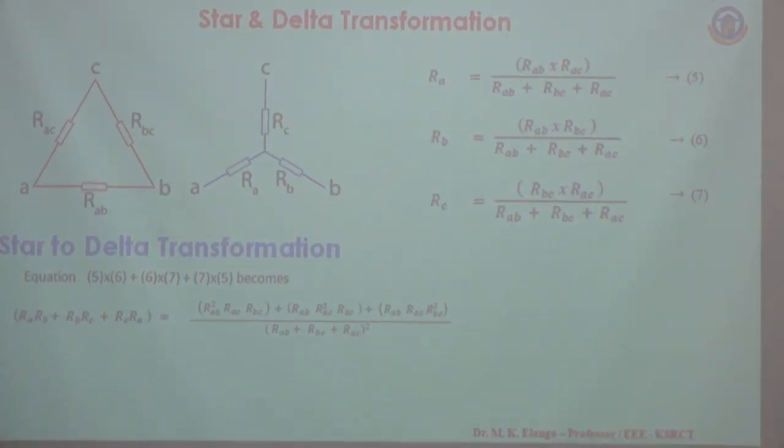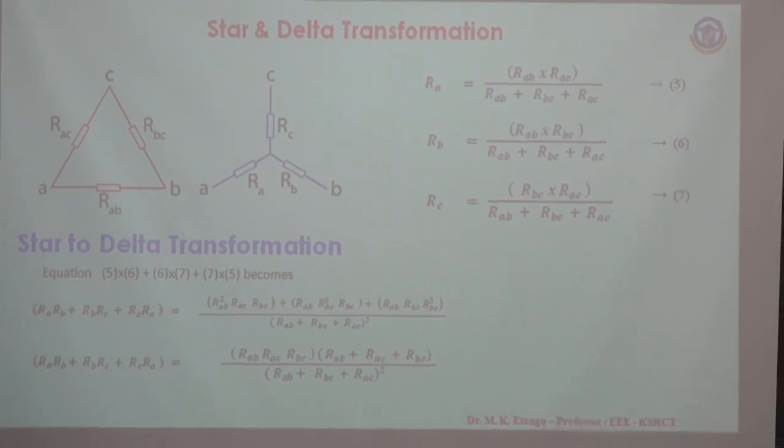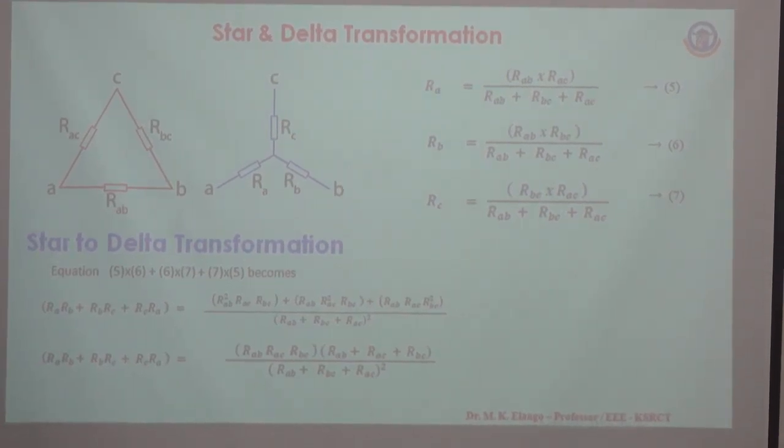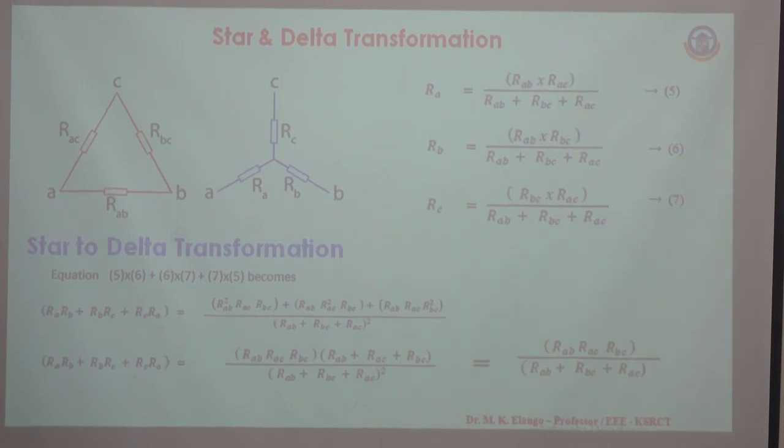From that equation we can simplify by separating RAB, RAC, RBC out on the right hand side. In the denominator a square term is available, and in the numerator only RAB, RAC, RBC. The combination RAB plus RAC plus RBC cancels with one factor of the denominator square term, so in the denominator we get only one term, RAB plus RBC plus RAC.